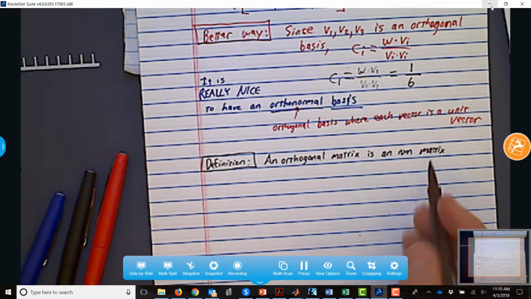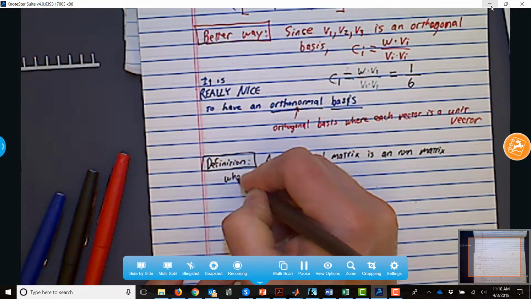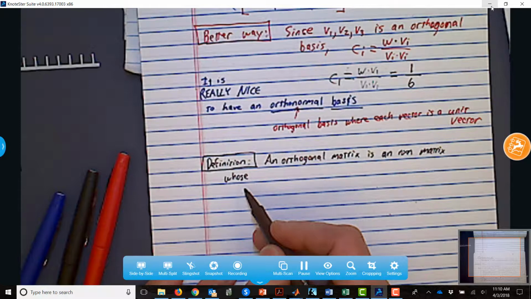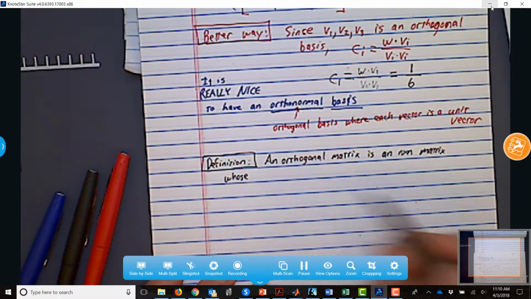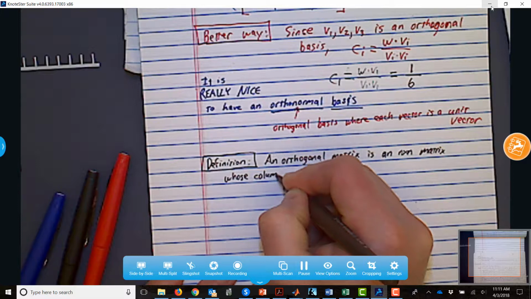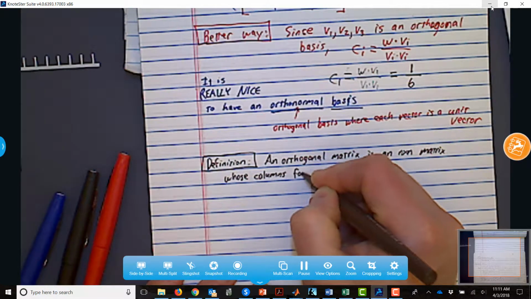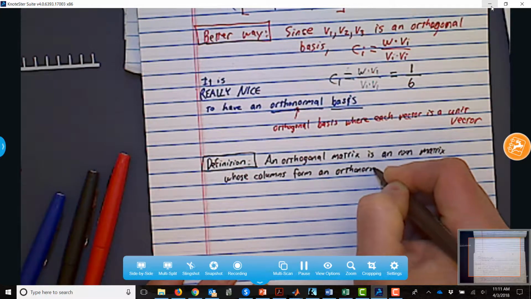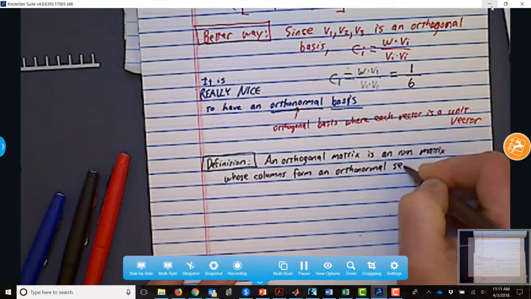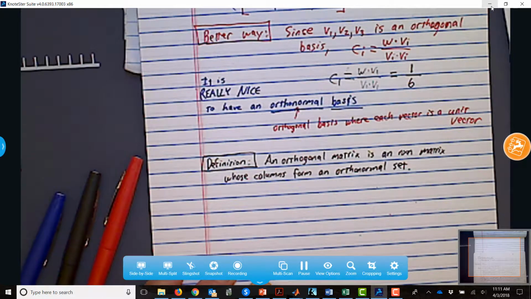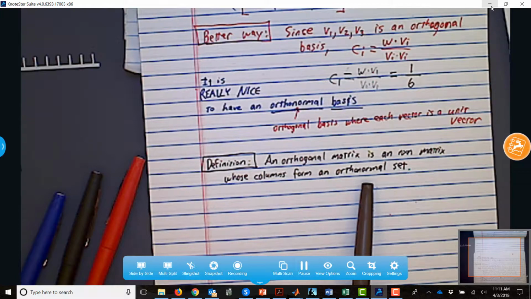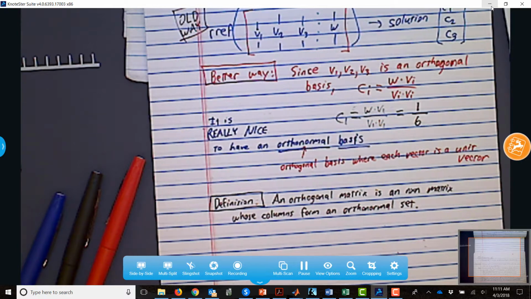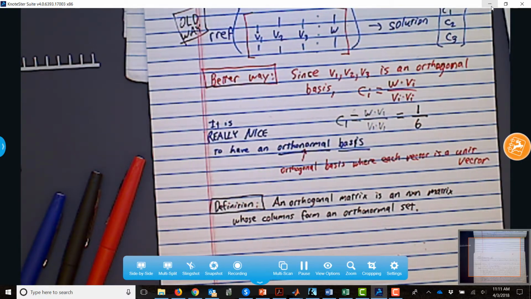It's an n by n matrix whose columns form an orthonormal set. Okay? That's really important. They have to form an orthonormal set. That was the point of the quiz question.